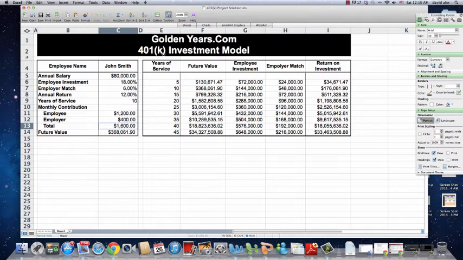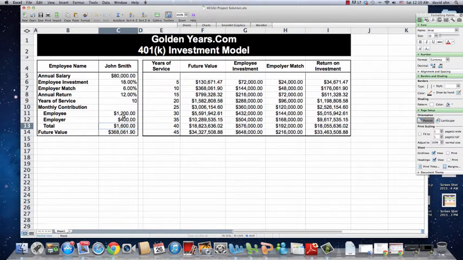So let's assume that you are building this Excel project for a financial advisor or anybody who wants to figure out what their retirement savings might be, so they can come up with an optimal savings plan. That's basically the goal of the project.